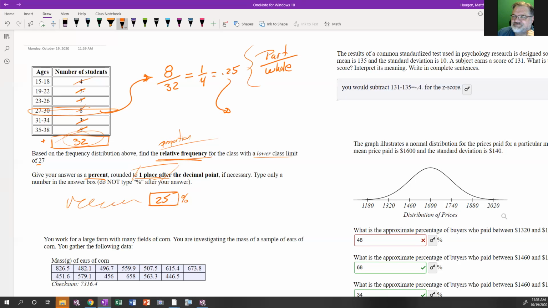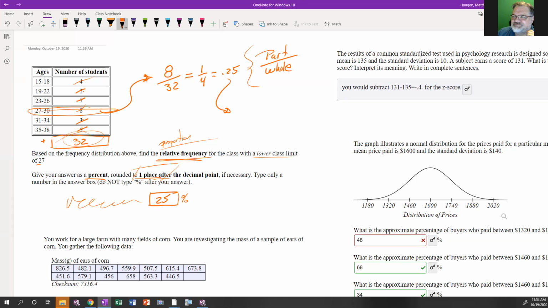If you grab a random student, what's the probability that they will be between 27 and 30? Well, that relative frequency is the probability. So our beginning sections on probability will mostly be about taking these things that we know how to calculate and turning them into the vocabulary of probability.